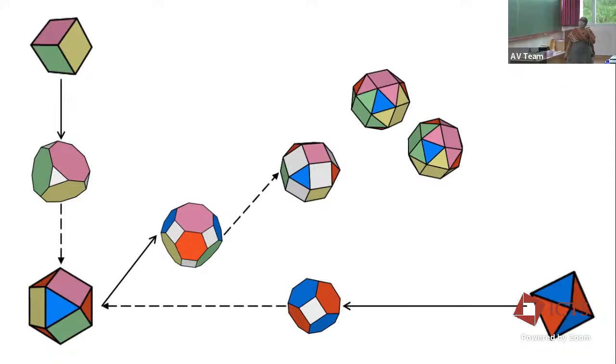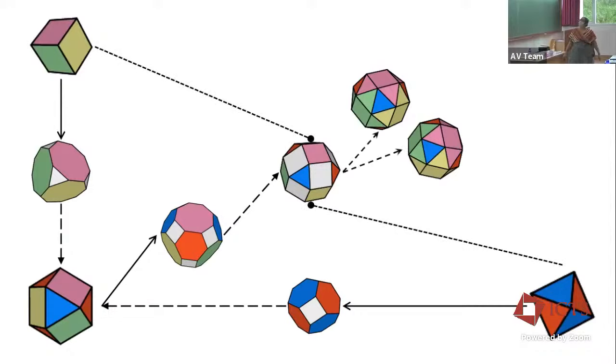This is where the cut deepens all the way to midpoints. And these two are kind of linked. And yes, you get 2 versions of snub cubes. So this is a more colorful version of the same thing.